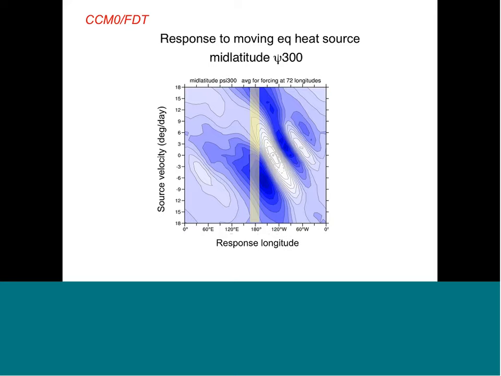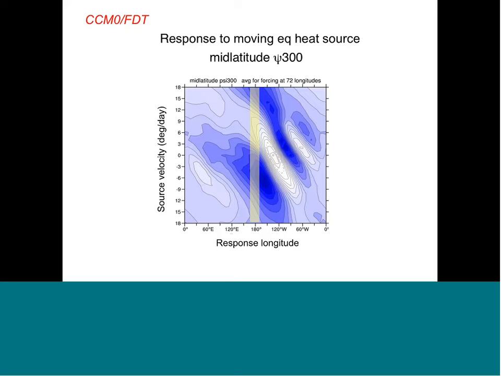And the y-axis has to do with how fast the source is moving. In these solutions, we're assuming that the source is in the center, at 180 west. The point is that depending upon the movement of the source, the structure of the mid-latitude response is very different, with much smaller scales in mid-latitudes if the source is moving towards the east.